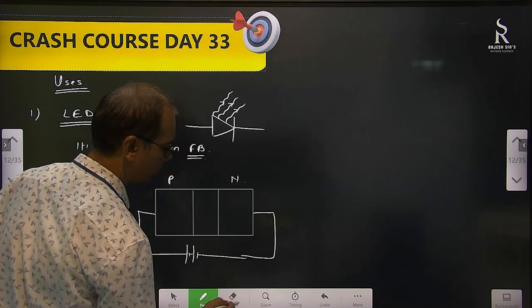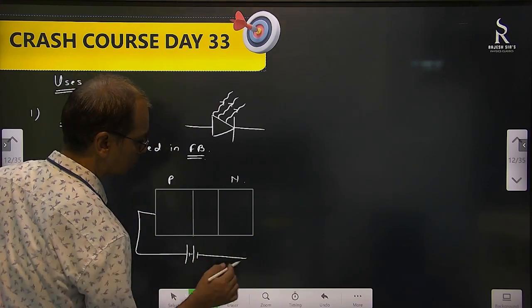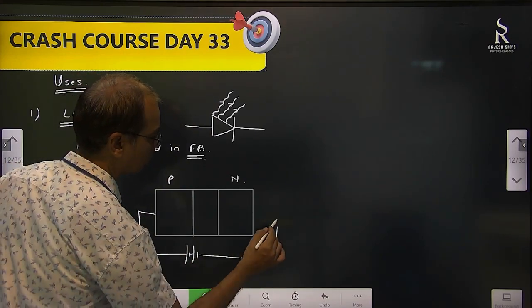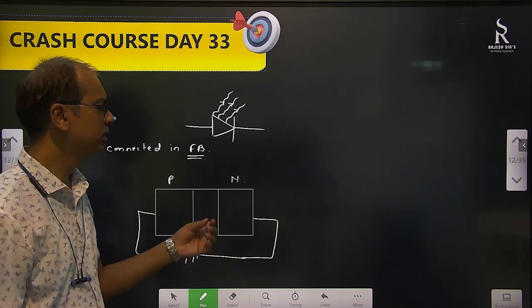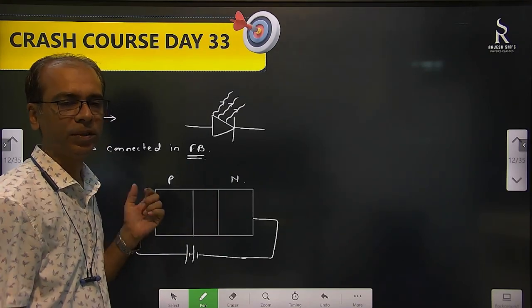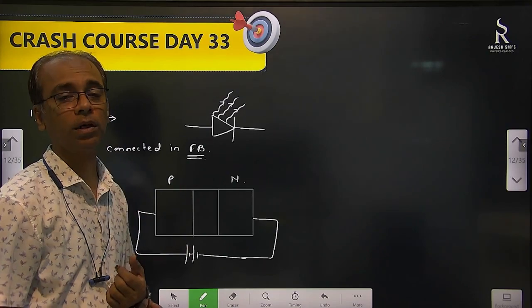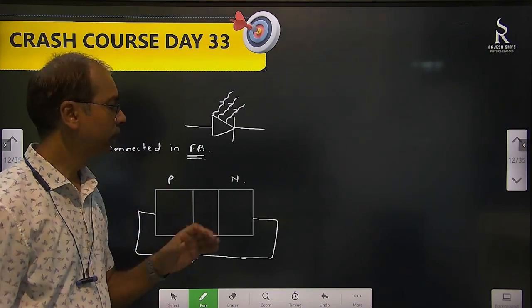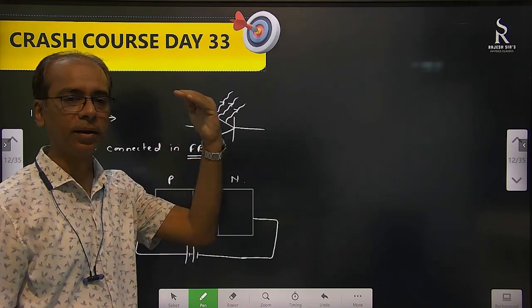Yes, we want diffusion to happen. When diffusion happens, these electrons move to the P side and diffuse in the hole here. On the N side, you have electrons in the conduction band.